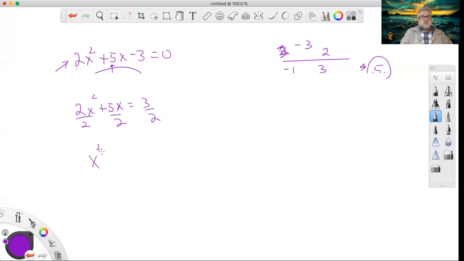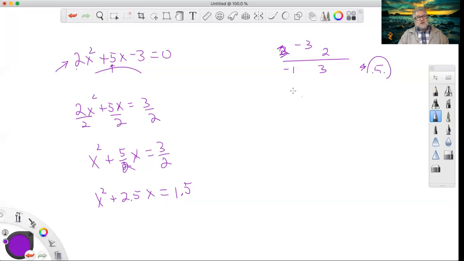So this would be x squared plus 5/2 x equals 3/2. And now with a fraction here, you write x squared plus 5/2, which is 2.5, equals 1.5. You'll probably do it in decimal form maybe. Might be a hassle. So you need to play with that and see if you would rather do it that way than factor it.